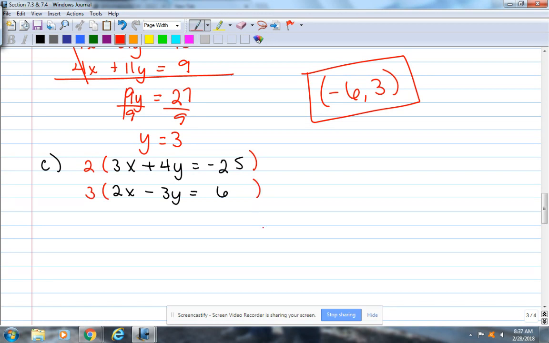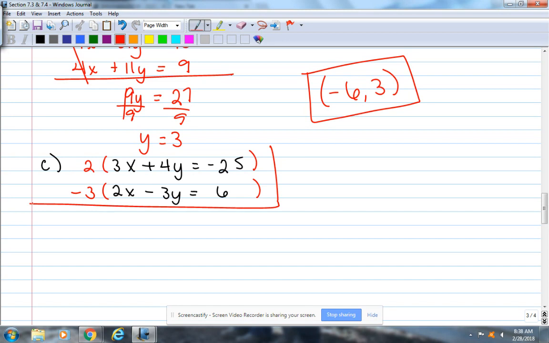They have the same sign, and I need them opposite signs. Pick one to change signs. Y'all want to change signs of the first one or the second one? I'll do the second. It don't matter. If you want to do the first, that's fine. Your work will look different than mine, but you still should get the same ordered pair. So are y'all okay with why I'm having to multiply both rows? Yeah. Okay. So I'm going to change both of them.